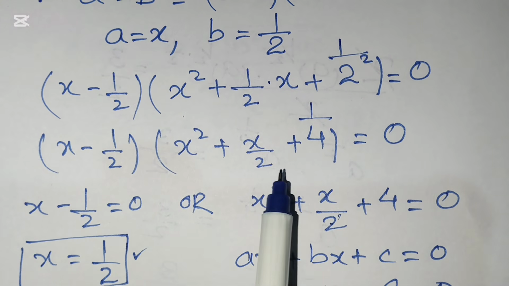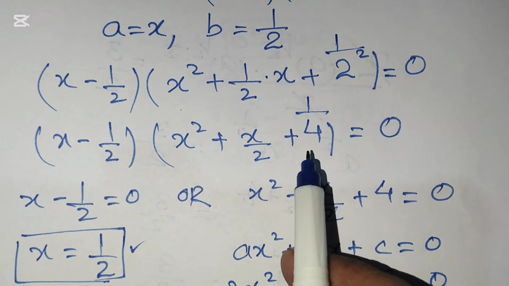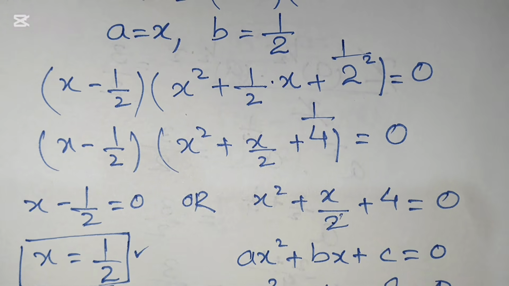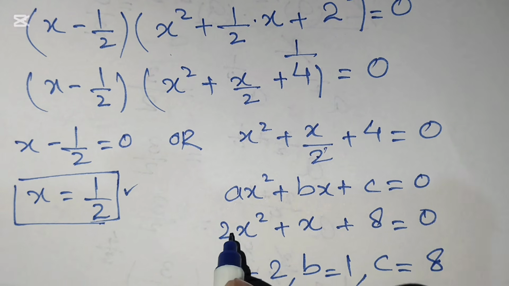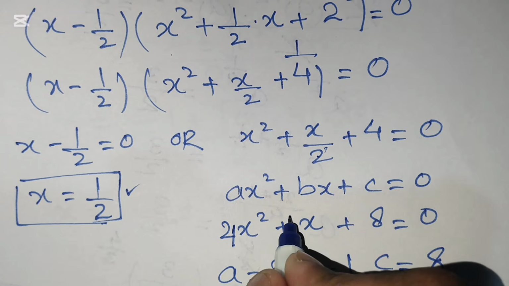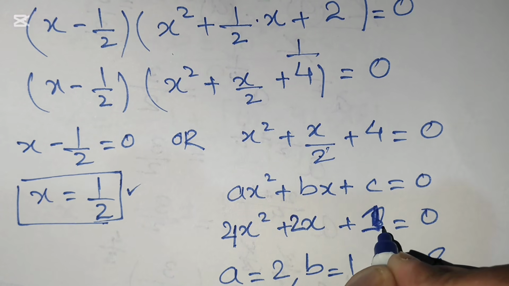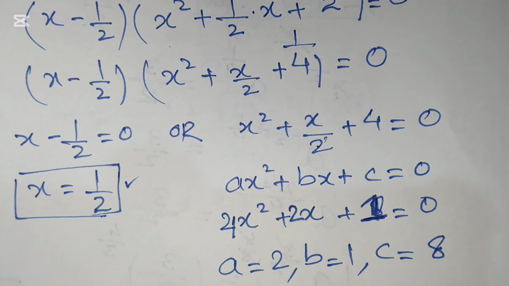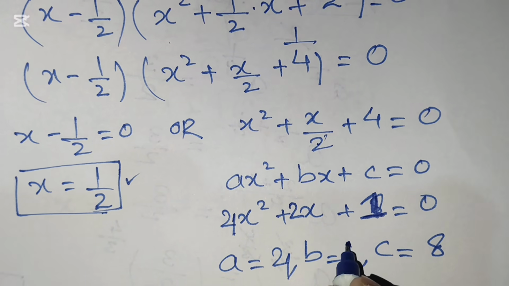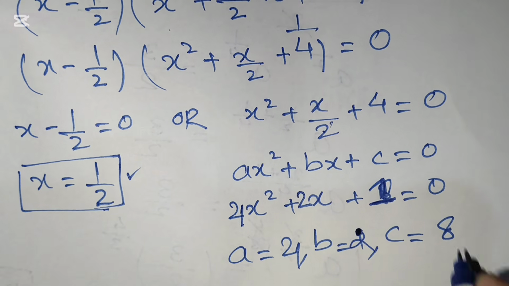Multiplying 4 on both, we get 4x square plus 2x plus 1. a is equal to 4, b is equal to 2, and c is equal to 1.